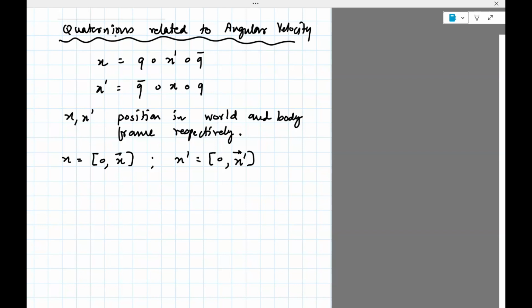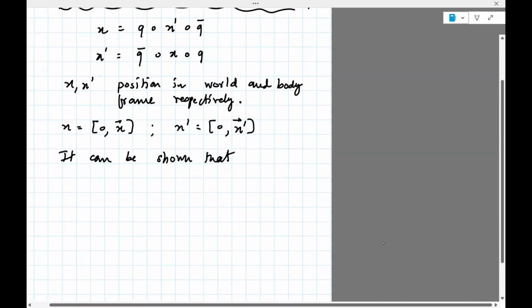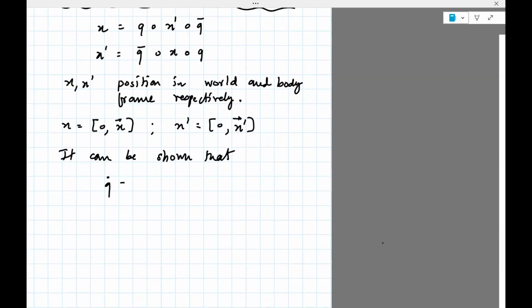So it can be shown that q dot equals half omega q.